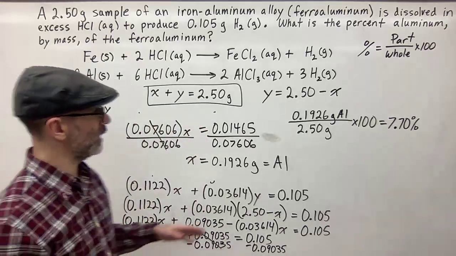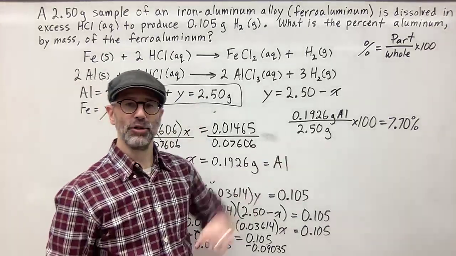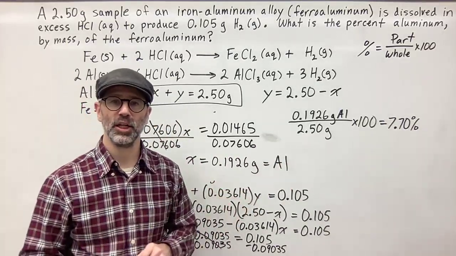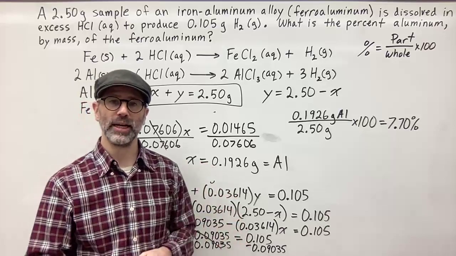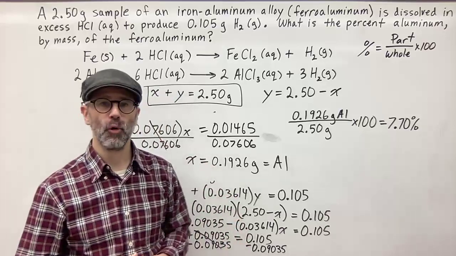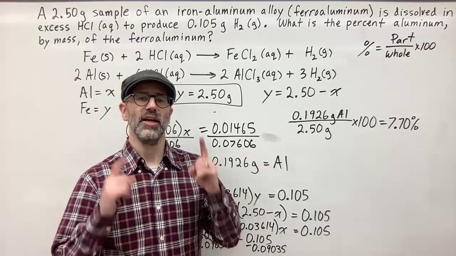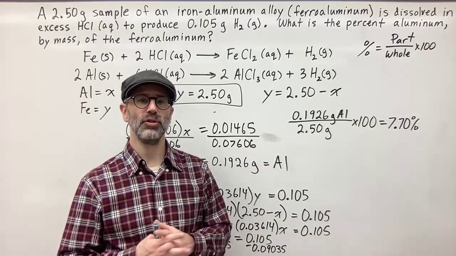And so that, ladies and gentlemen, is how you find the percentage of a given element or given metal in an alloy for this reaction to produce hydrogen. So that's how you attack these sorts of problems.